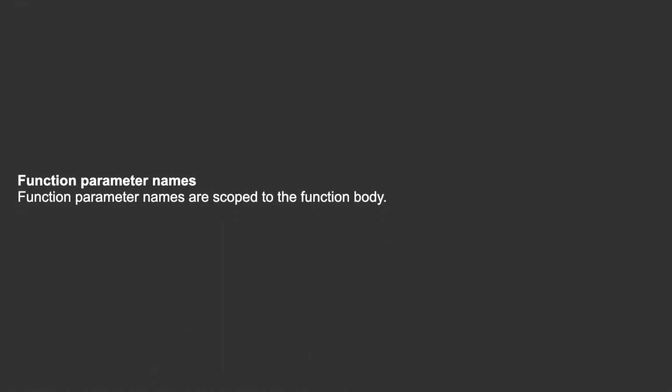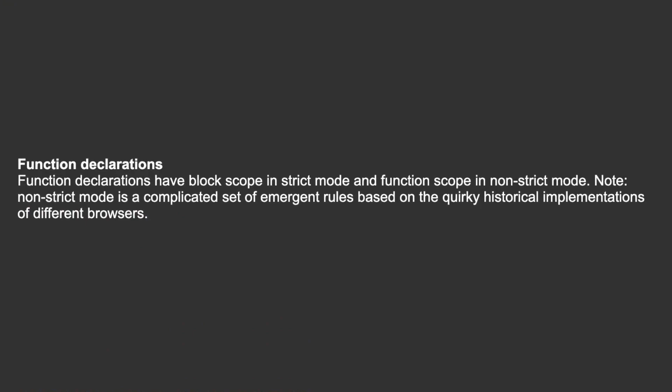Function parameter names. Function parameter names are scoped to the function body. Function declarations. Function declarations have block scope in strict mode and function scope in non-strict mode. Note: non-strict mode is a complicated set of emergent rules based on the quirky historical implementations of different browsers.